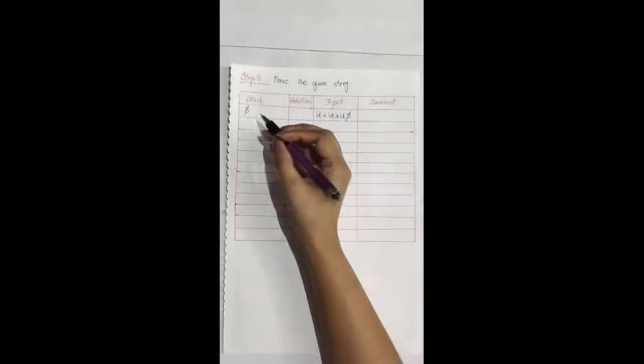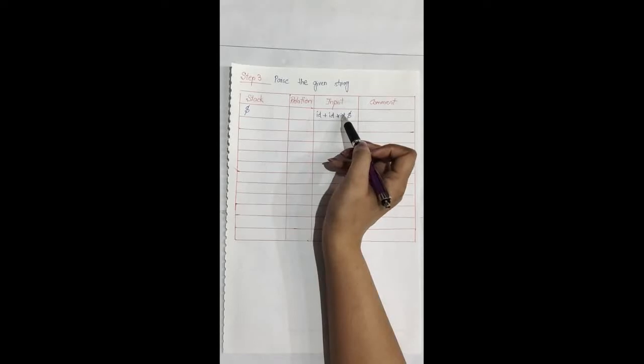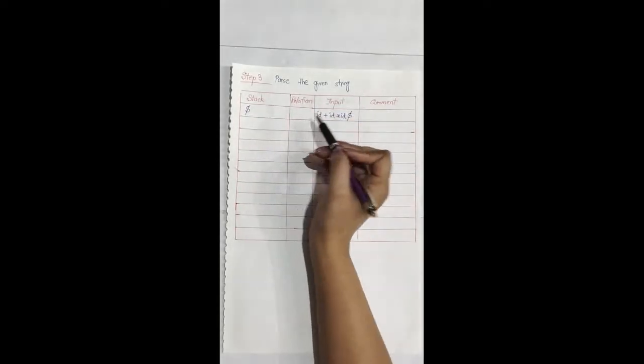Now let's start with this. We have dollar in the stack and relation, input, ID plus ID asterisk ID, and comment. Now let's start. Compare. What is in the top of the stack? Dollar. And what is the first symbol in the input string? ID. Compare the priorities, dollar and ID. Dollar and ID, if we look at this table, where is dollar?